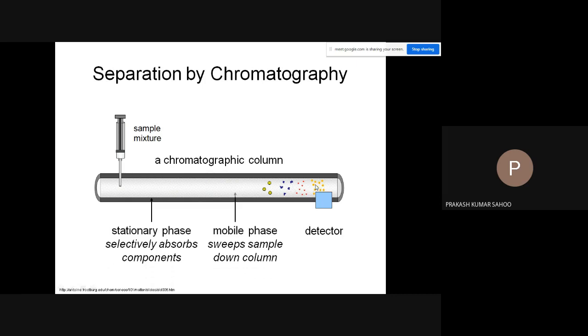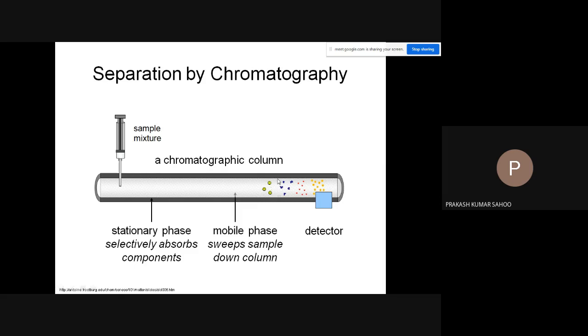The constituent which moves first has less polarity, followed by this red one, this blue one, and this yellow.